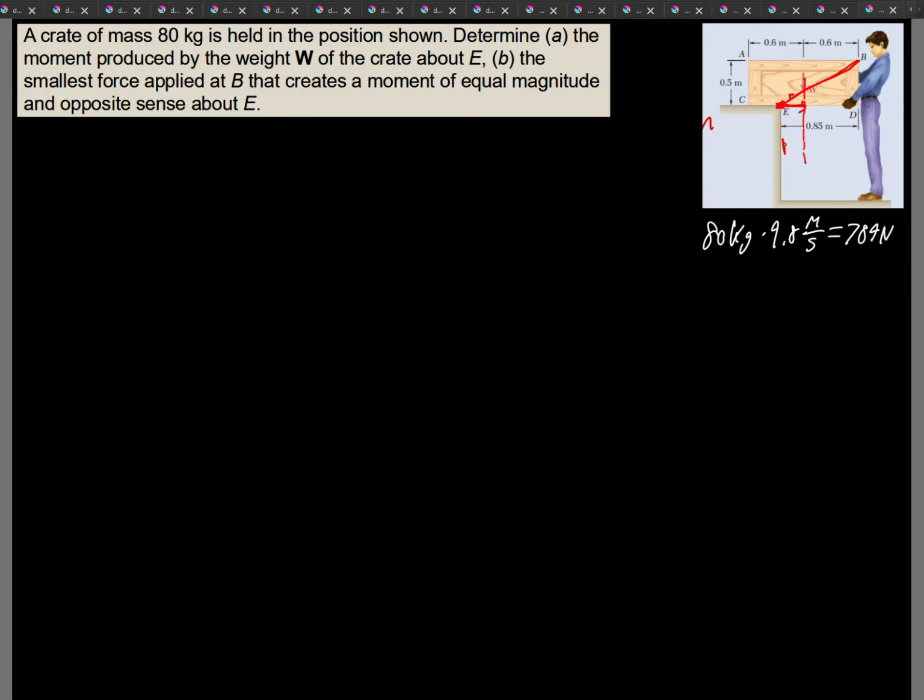We have this distance here, from E to the center of the weight, which I believe is where the weight would be determined, the center of mass.